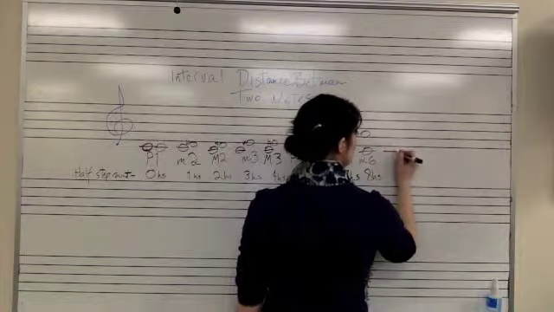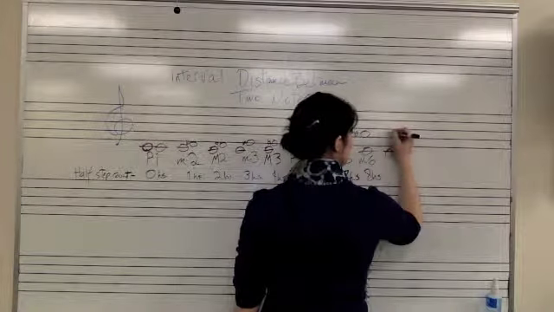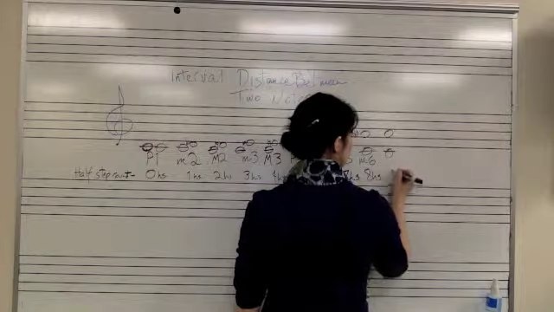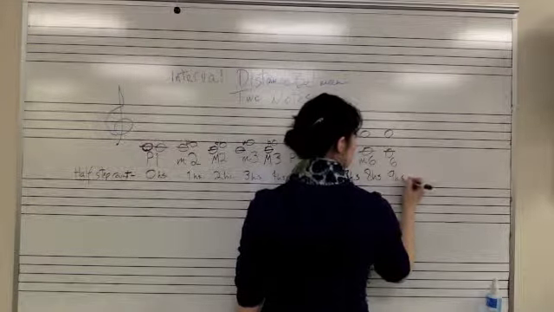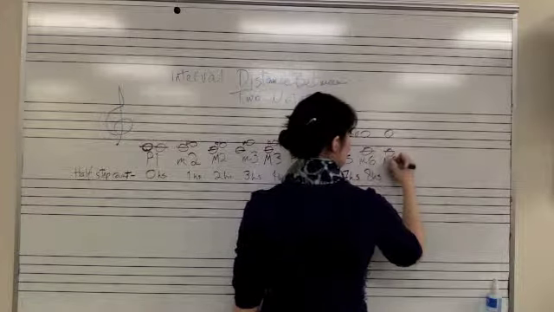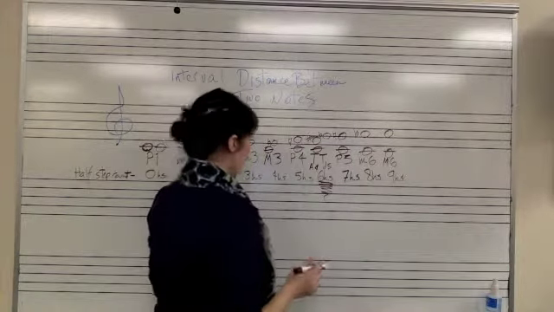If we keep going to A natural, still a 6th apart, it's 9 half steps, and we call it a major 6th, you guessed it, all right?